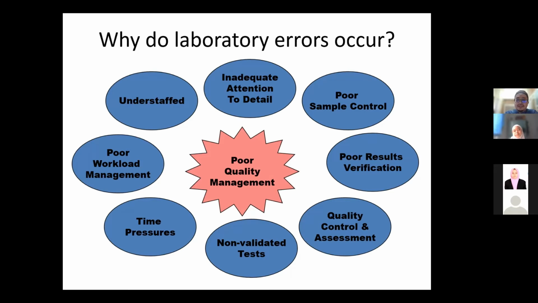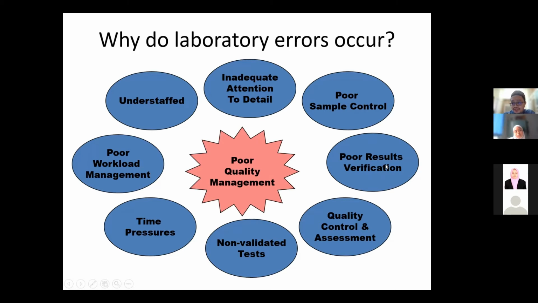Inadequate attention to detail can be another reason. That is why you are here and being trained to do things in the lab correctly and pay attention to detail. Thirdly, lab errors can occur due to poor sample control and poor results verification.